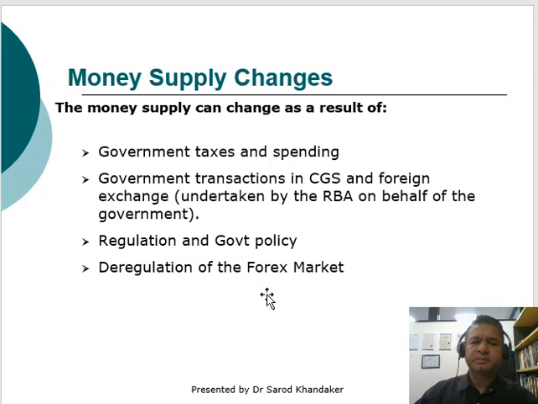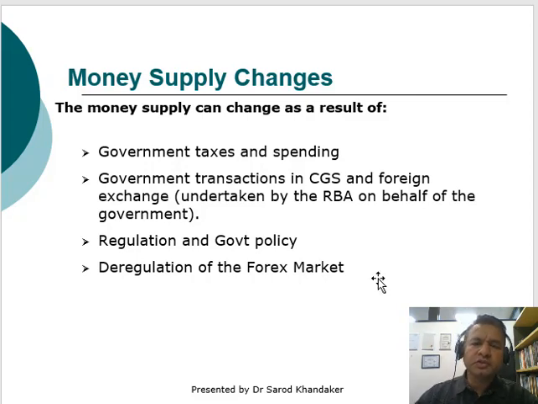So how do money supply changes take place? The money supply can change as a result of government taxes and spending, government transactions in Commonwealth government securities, foreign exchange regulation and government policy, and deregulation of the foreign exchange market.